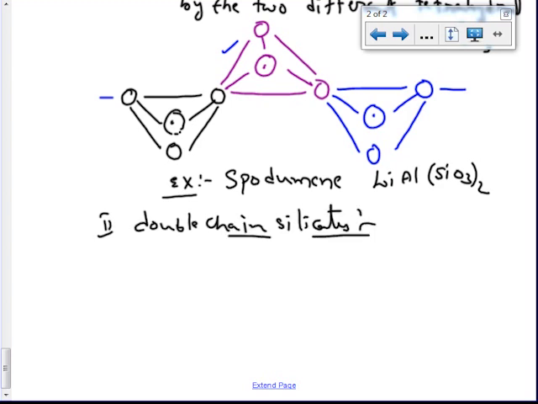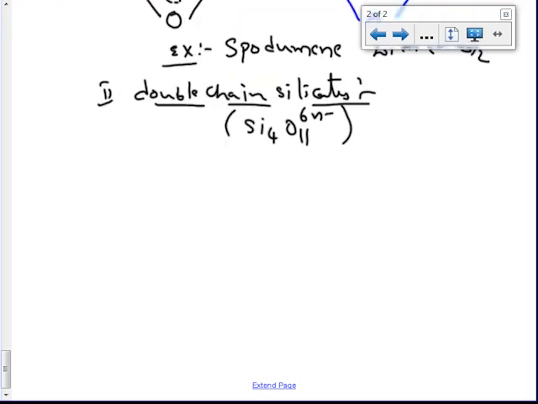Double chain silicate means this is a single chain. Now you can take the same chain and write it at the bottom and join them together. We get a big molecule having the formula Si4O11 6n minus. This is the double chain silicate formula, and an example is tremolite.